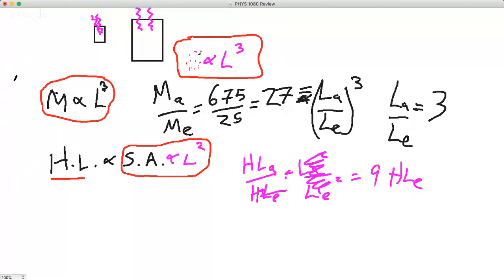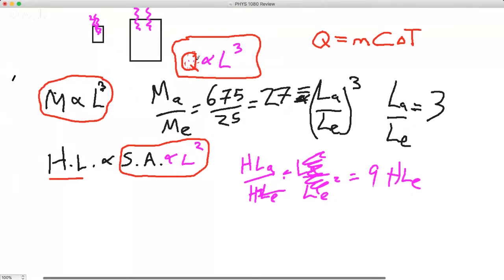It's got more heat in there. The amount of heat that a body of hot coffee has is proportional to how much mass there is. Again, come back to what you did in your heat section, where Q, the heat, is equal to C delta T. So the more mass you've got, the more heat you've got. For say Guelph Lake, which is at 4 degrees Celsius, that's a ton of water, so it's got a ton of heat stored in it.